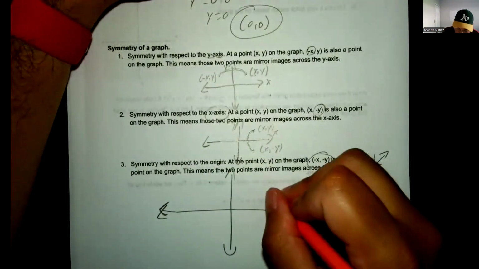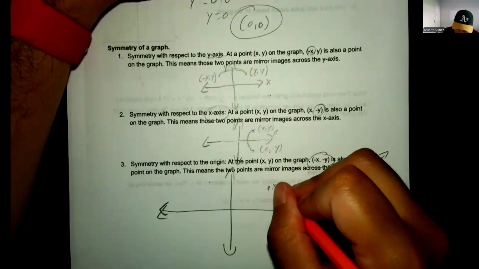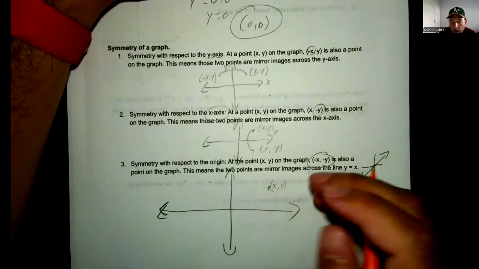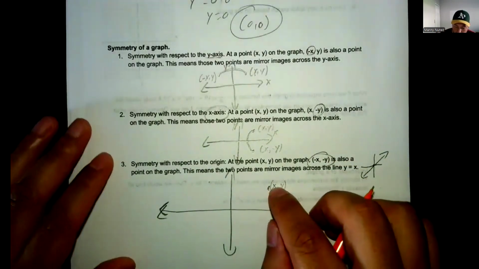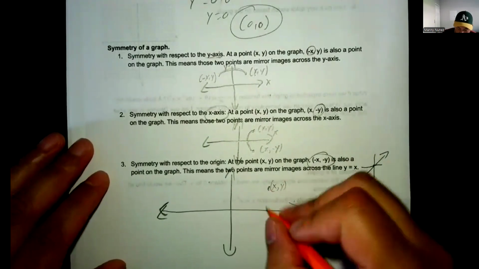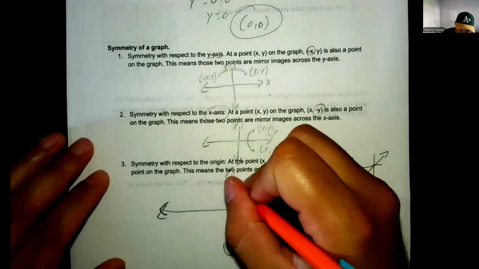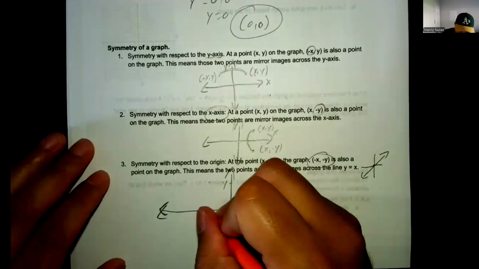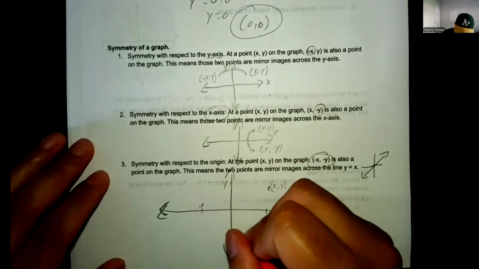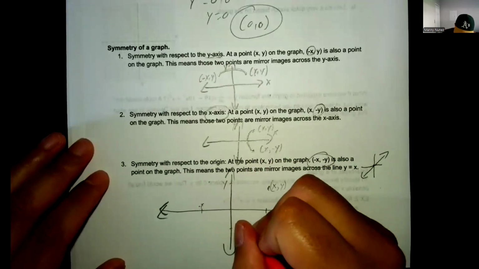If I were to plot the point right here, x comma y, right? What I'm doing now at this point is I'm reflecting it across both. So let's call this x and y, just for the sake of argument. Here's negative x, and then here's negative y.